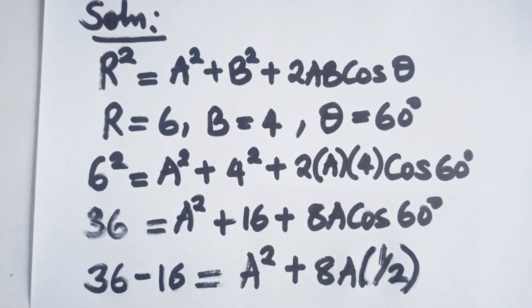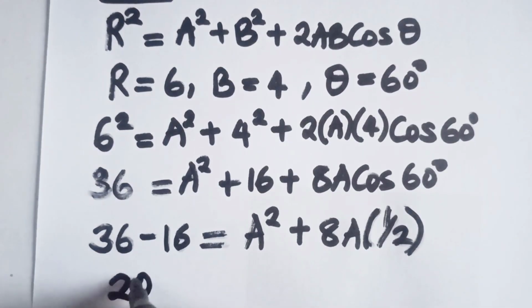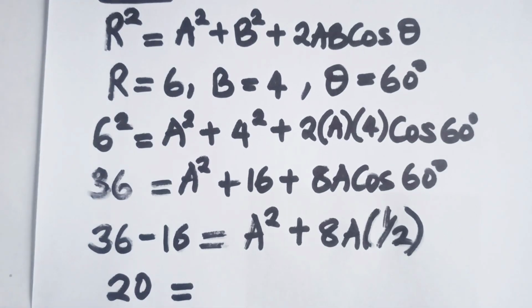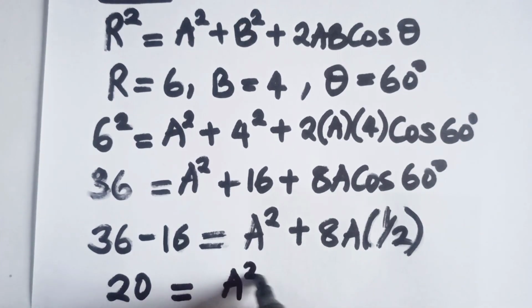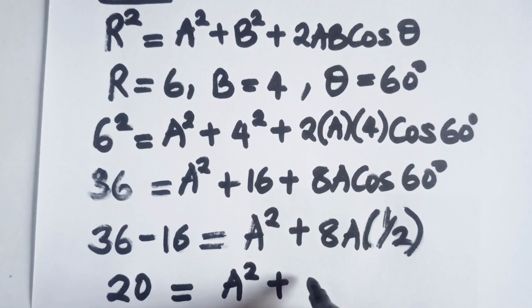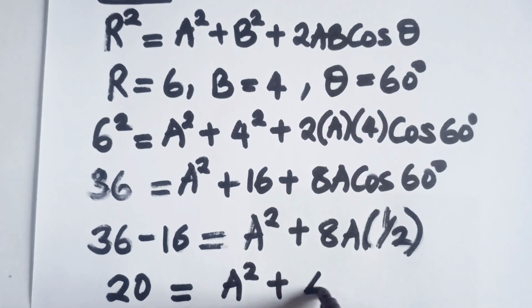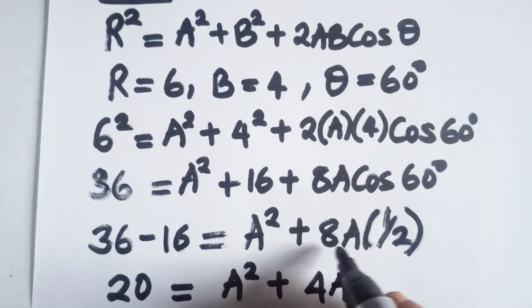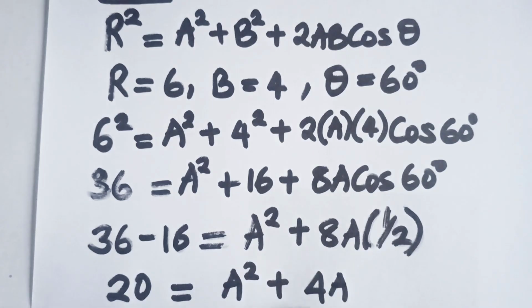So this gives us 20 on the left side equal to A squared plus 4A. 8 is divided by 2 to give 4.